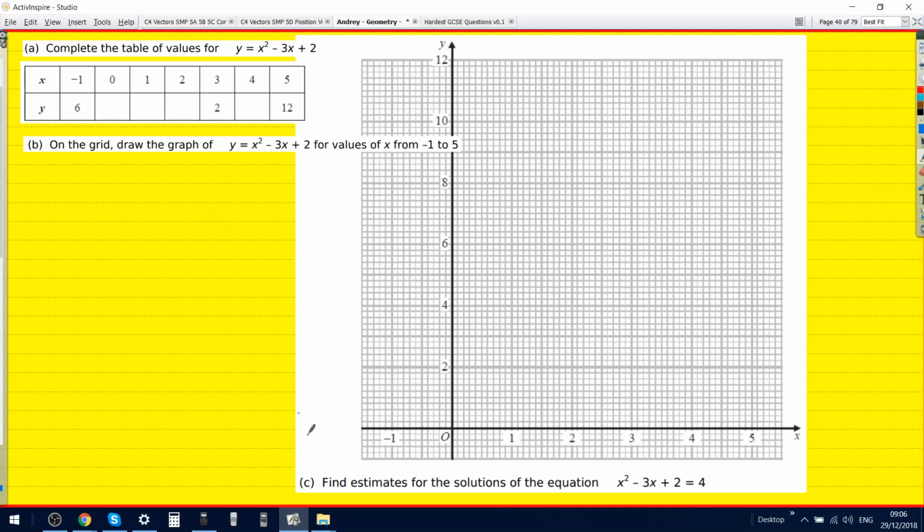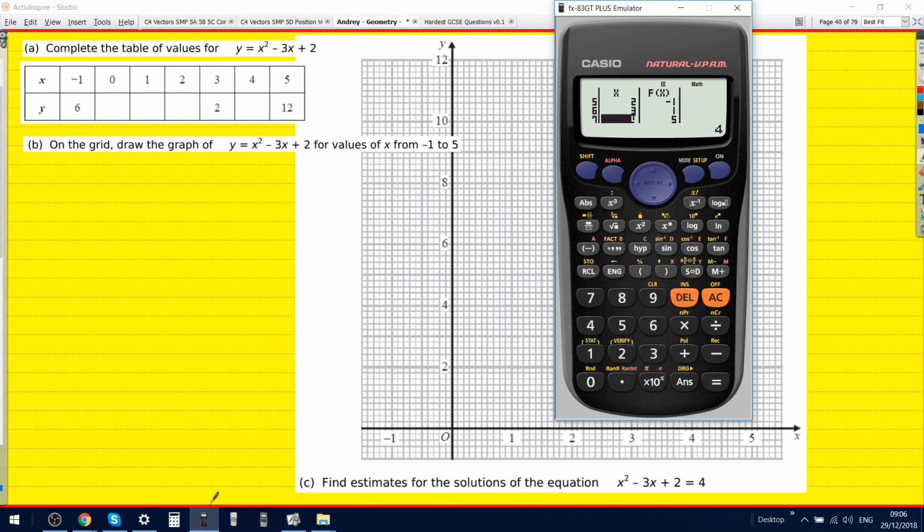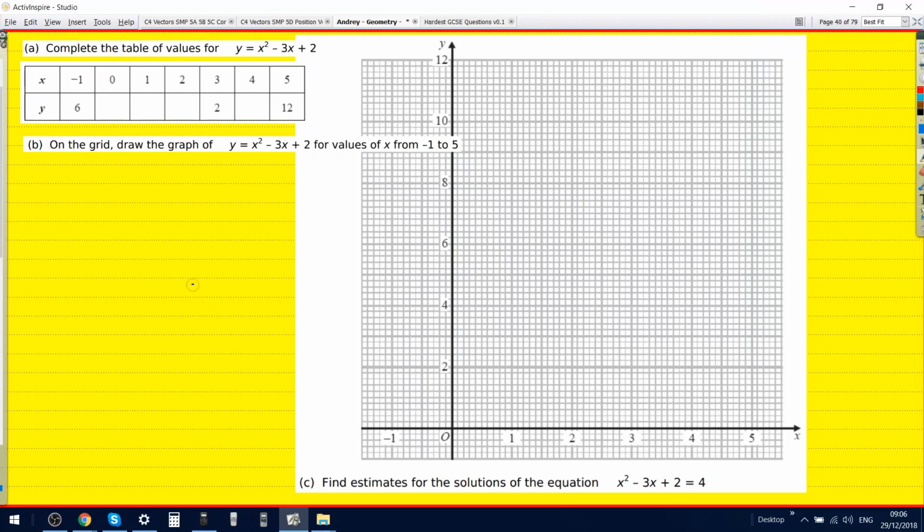Yeah, I'll do the first part of this. How do you do part C down the bottom?